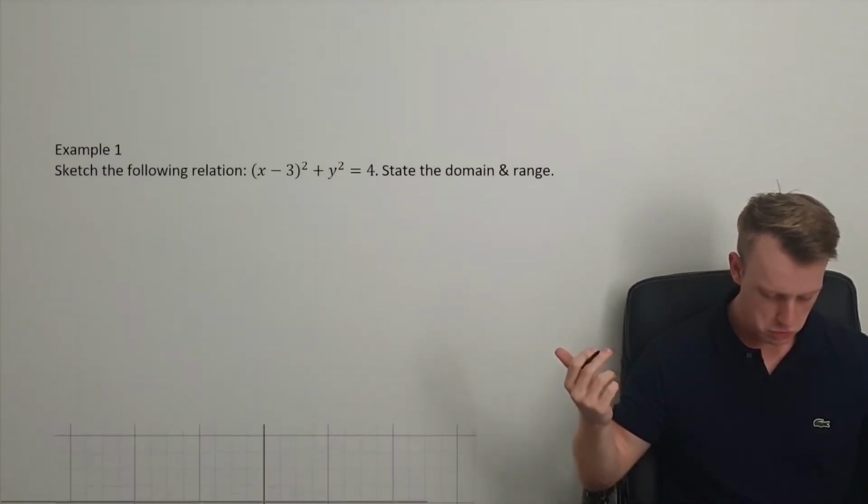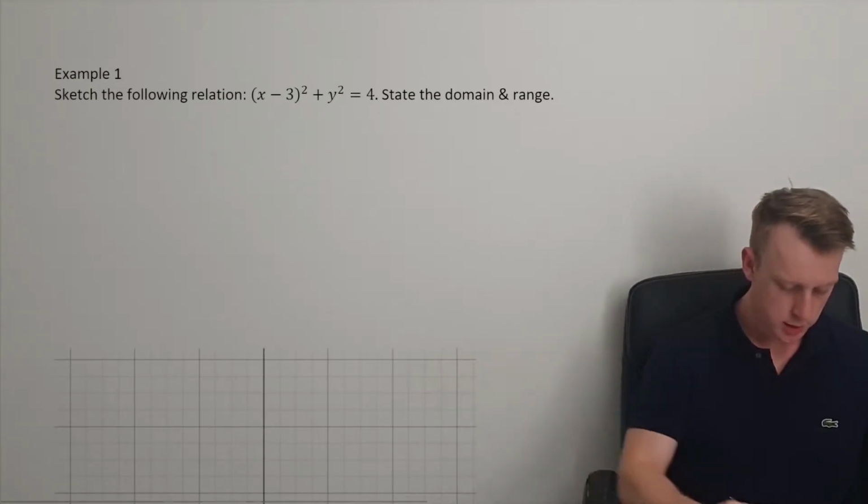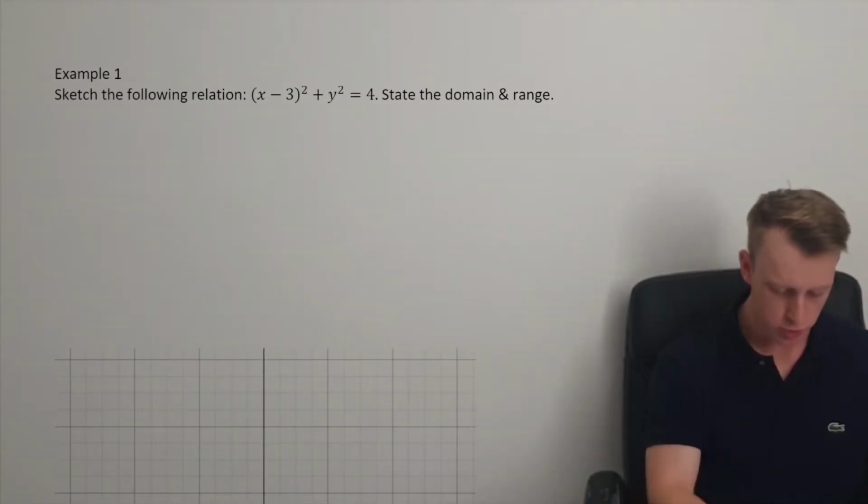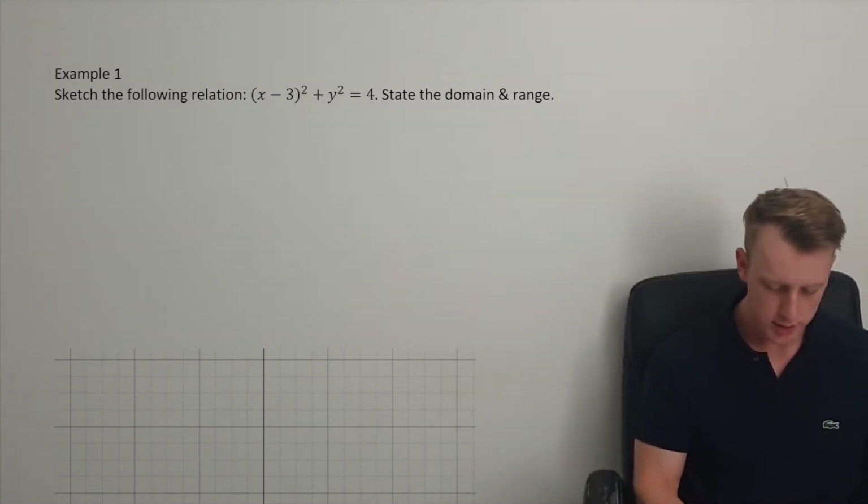So we've got something like this here. Sketch the following relation, which we can identify is a circle, and state the domain and range.